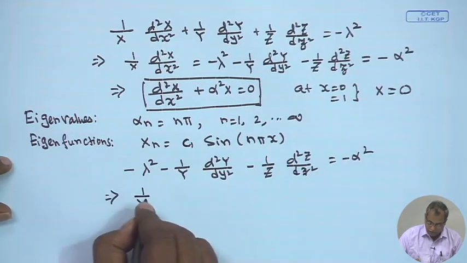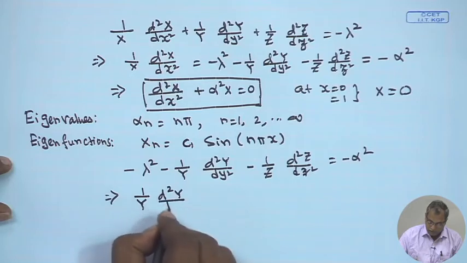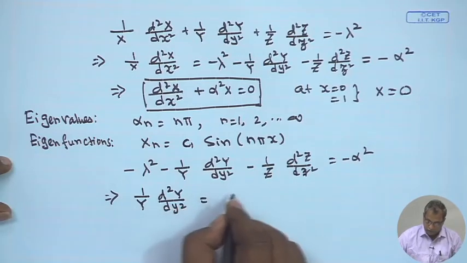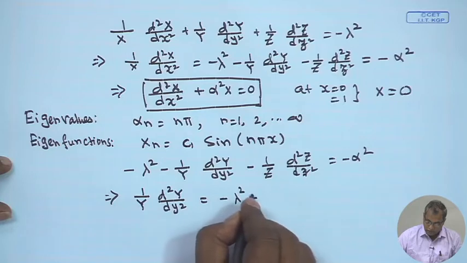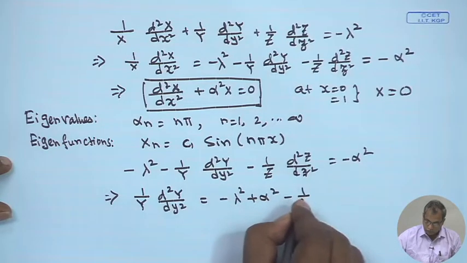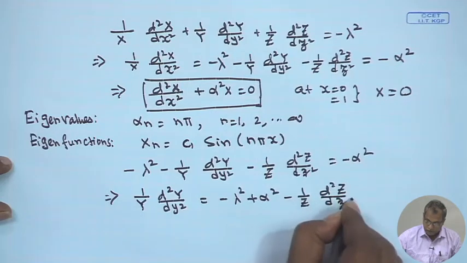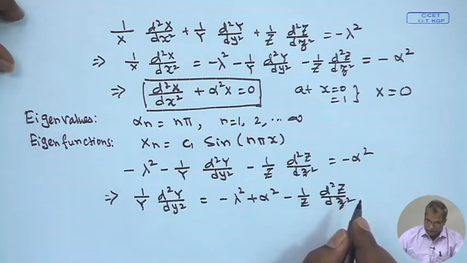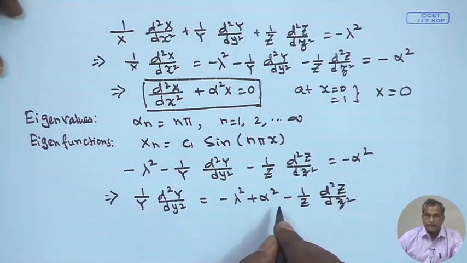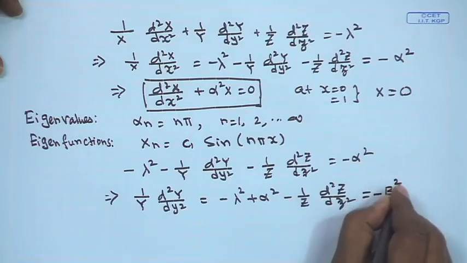So, 1 over Y d square Y dy square should be equal to minus lambda square plus alpha square minus 1 upon Z d square Z dz square. So, the left hand side is a function of y alone, the right hand side is a function of z alone, and they are equal, and they will be equal to some constant, and again this constant has to be a negative constant, otherwise we will be landing up in a trivial solution. So, therefore, this will be equal to minus beta square.